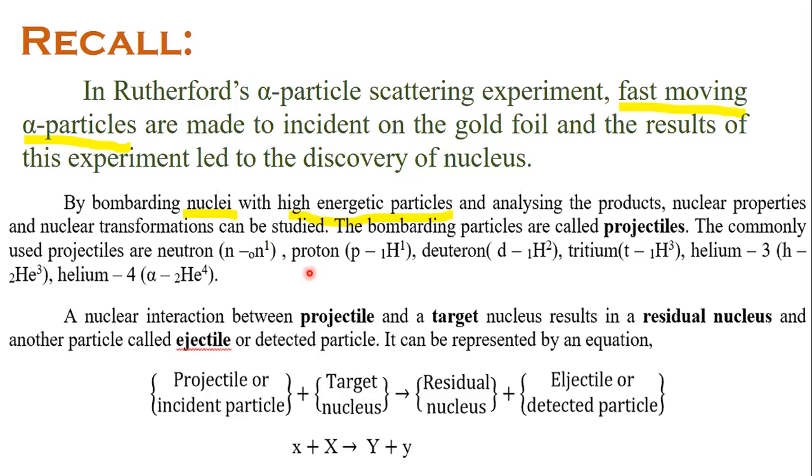So, therefore, we require high energy particles. In the alpha particle experiment also, alpha particles approach the gold foil with very high kinetic energy, and in many nuclear reactions, the projectiles are made to strike the target with very high kinetic energy.